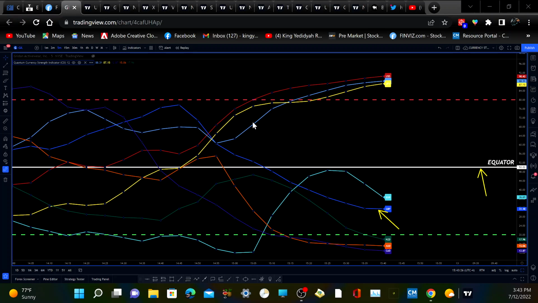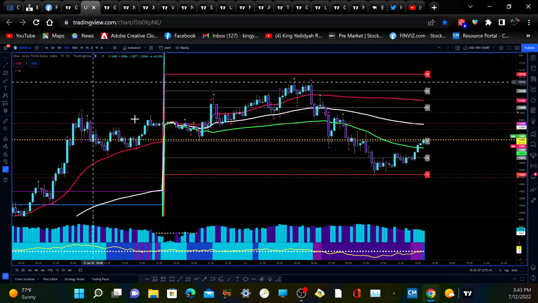And as you can see, the US dollar is at overbought level. This is the overbought level right here, and that's the US dollar in the red. GBP is the blue, right? So we have that divergence, so we're looking to short something against the US dollar.